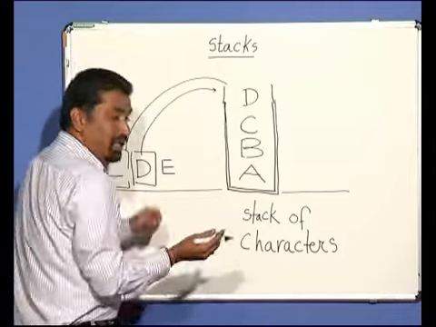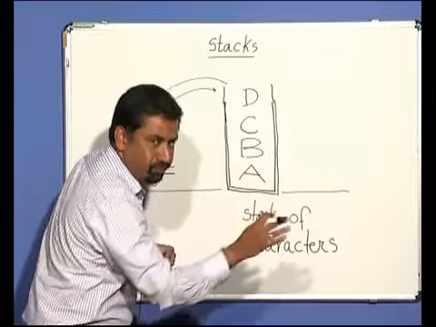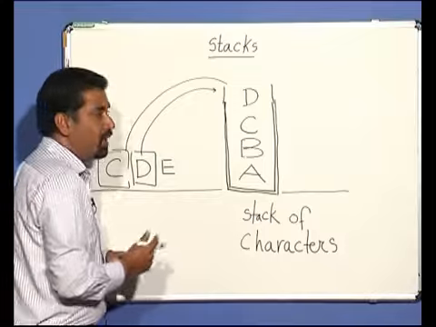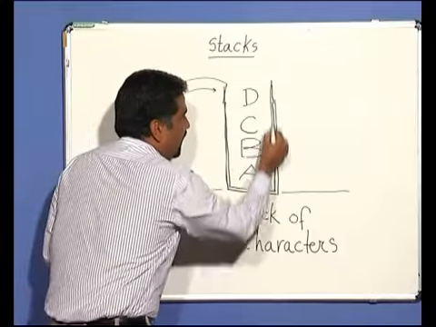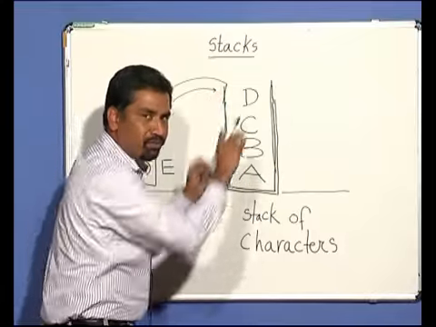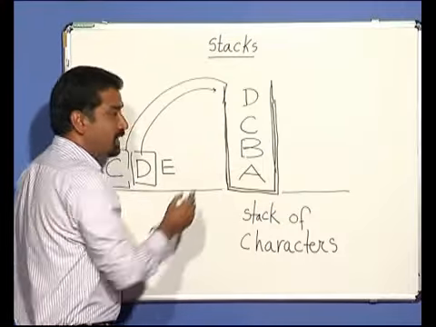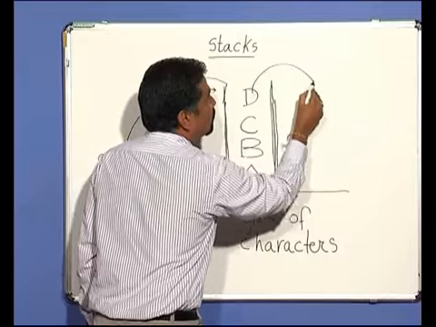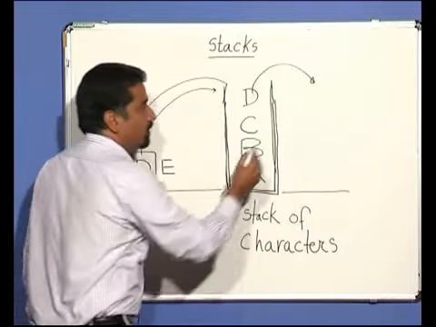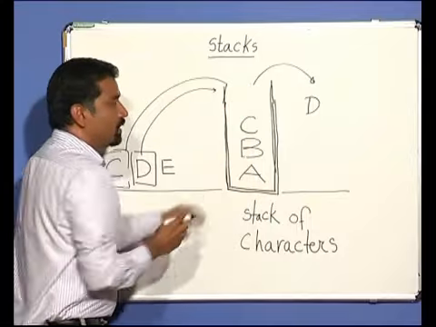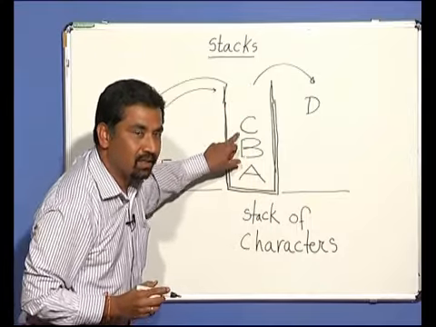On the other hand, if I want to remove one character at a time from this jar, if you pop or remove one element, the only thing that is available to you is at the top. That is, when you remove, D is going to be removed first. Once D is removed, C is at the top of the stack.